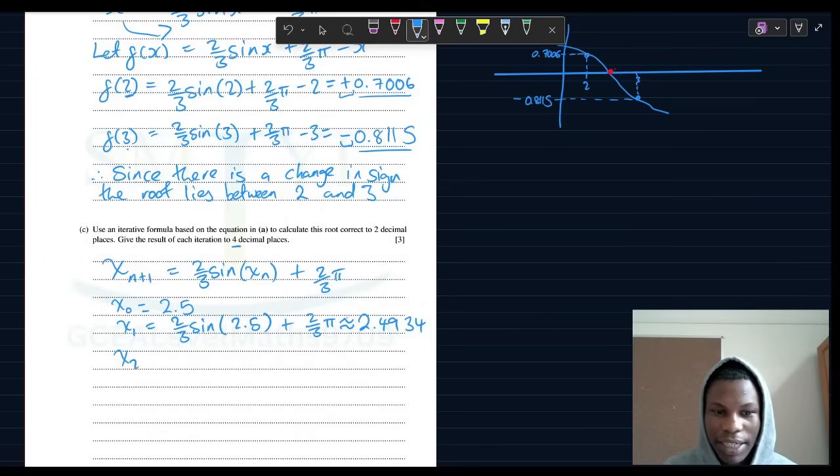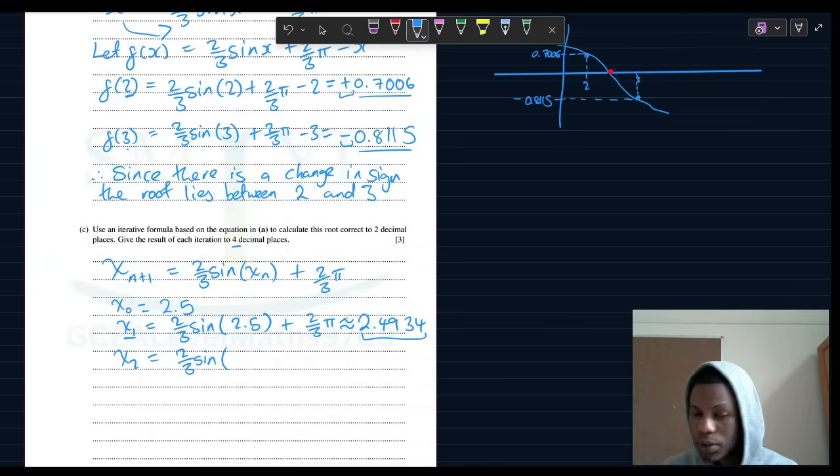Go on to the next iteration, x2, 2/3 sine of the value of x1. We always want to use the exact value, so don't put in the rounded off value here. Otherwise, your iterative formula might not converge, which is a problem because we want it to converge so that we get our answer. There's a button on your calculator that's written ANS.